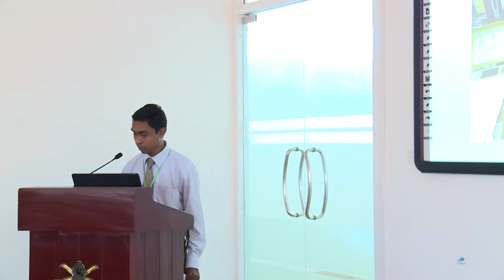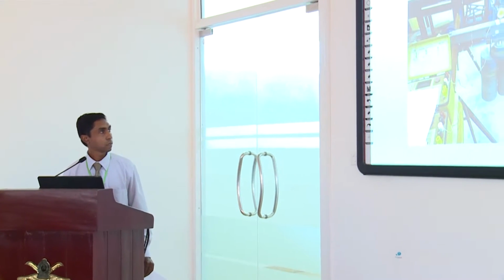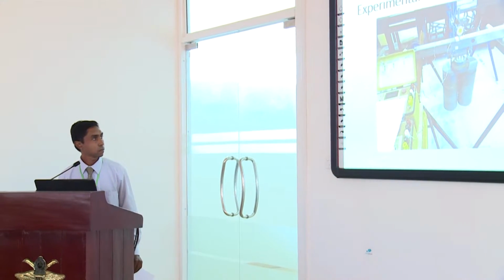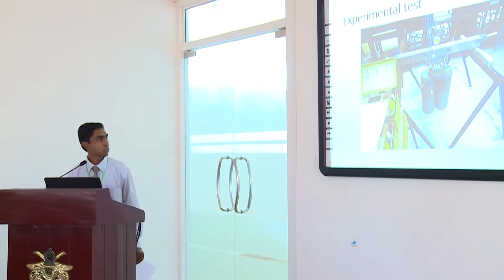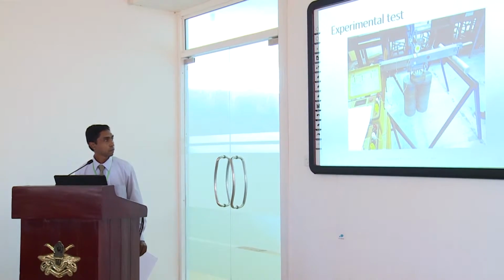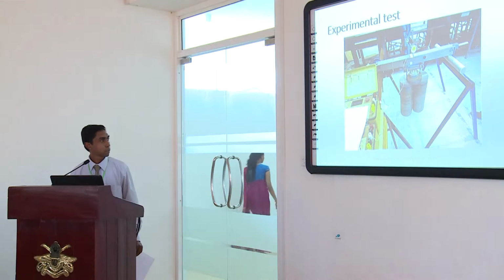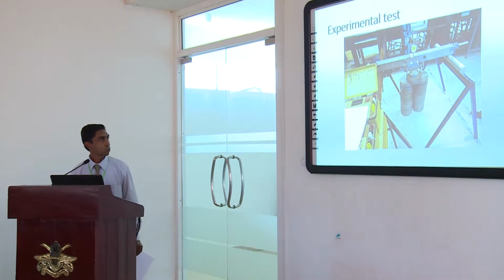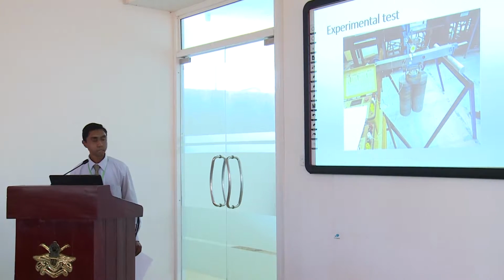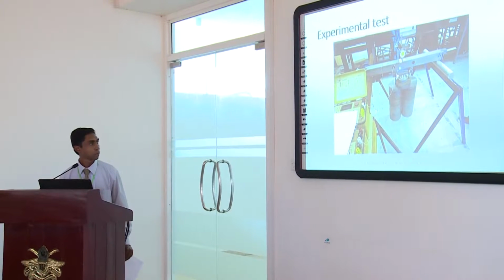So I did an experimental test, considering the chassis cross member. This is the experiment that was conducted. You can see the dial indicator and the loads applied, and the strain gauges I used: one strain gauge at the top and another at the bottom.